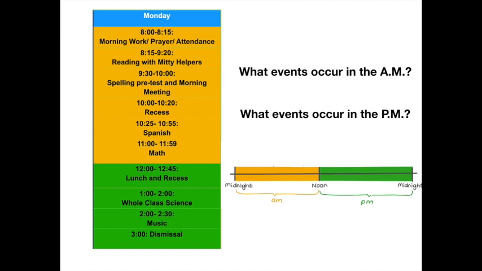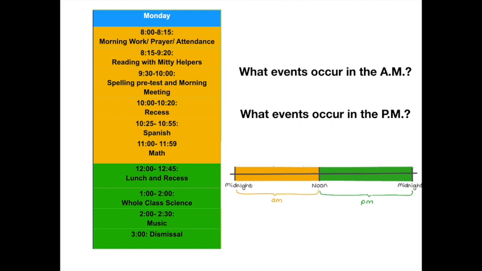I need to change that because once the clock goes to 12 o'clock, it is now in the PM. So technically, math might go like 1 minute into the PM, but for those 59 minutes from 11 to 11:59, that is still the AM.